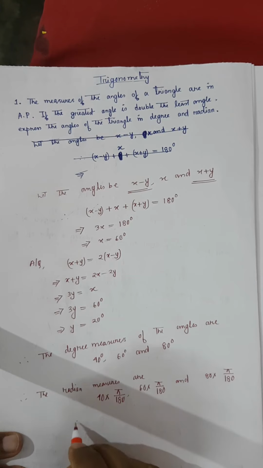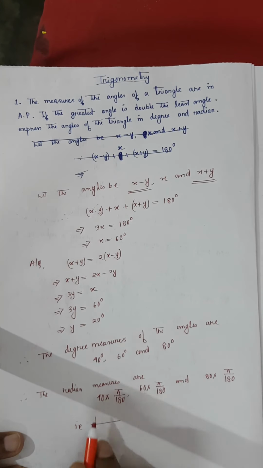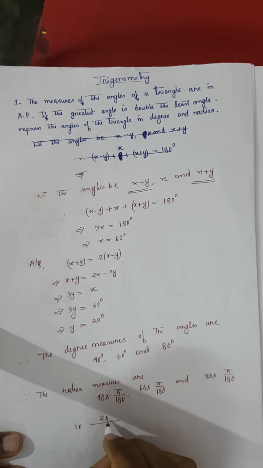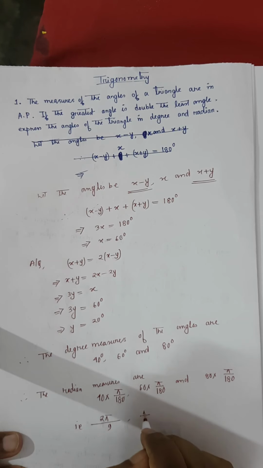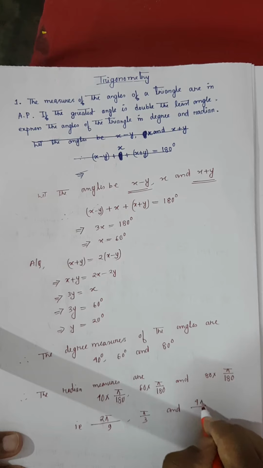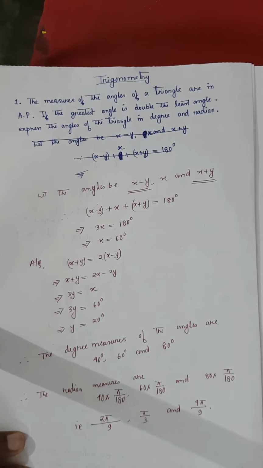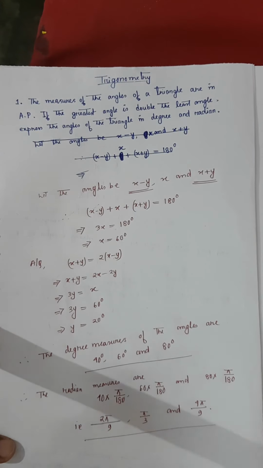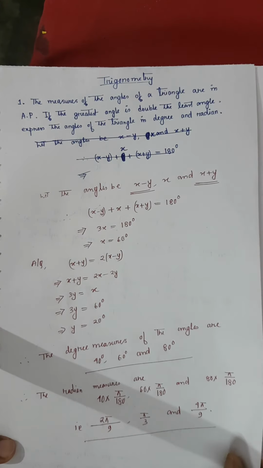After cancelling by 20 you will get 2 pi by 9, this is pi by 3 and this is 4 pi by 9. So I got the angles in terms of degree and in terms of radians. This is your number 1 question.